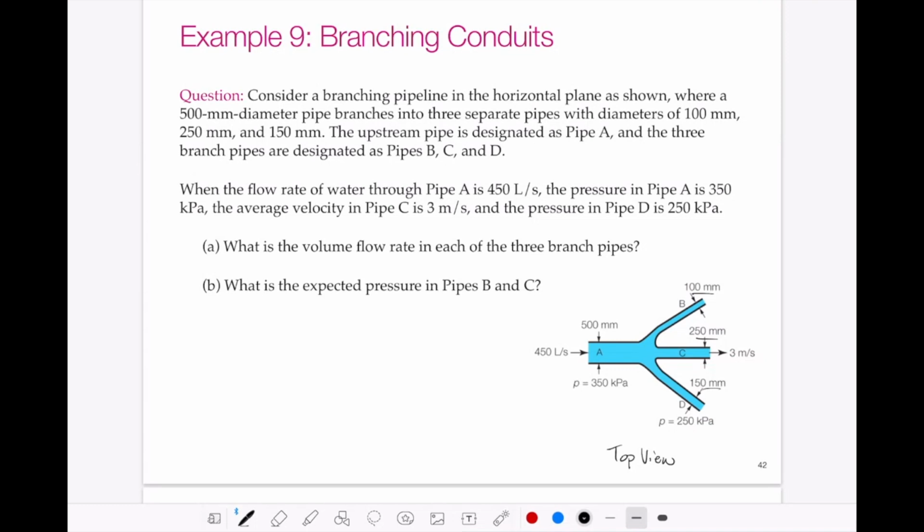So where can we go from here? What is the volume flow rate in each of the 3 branch pipes?